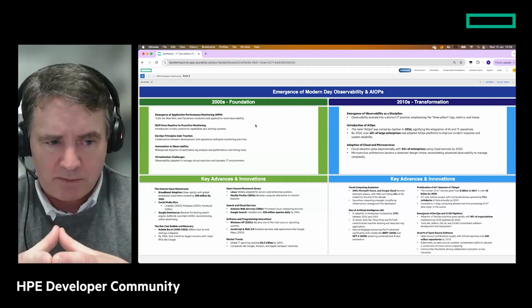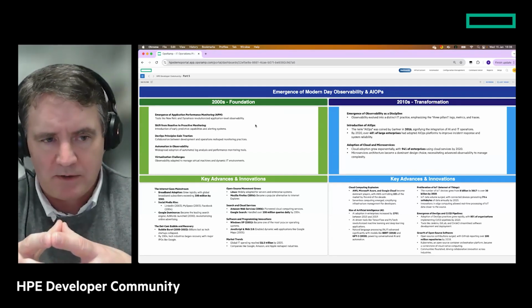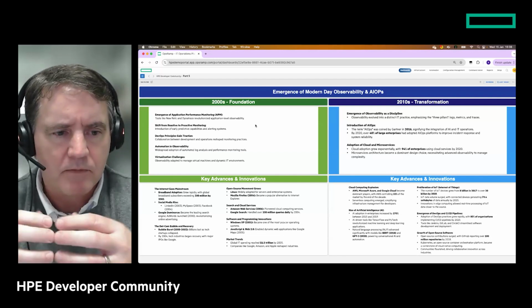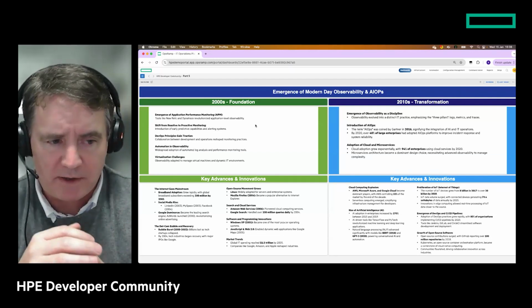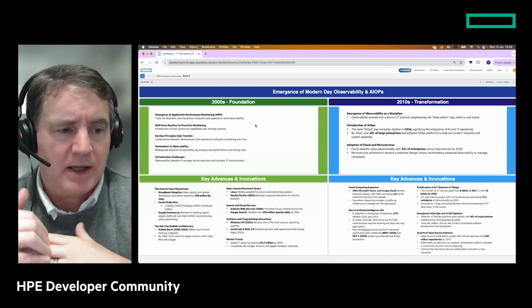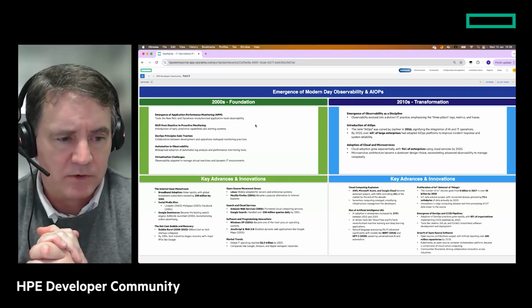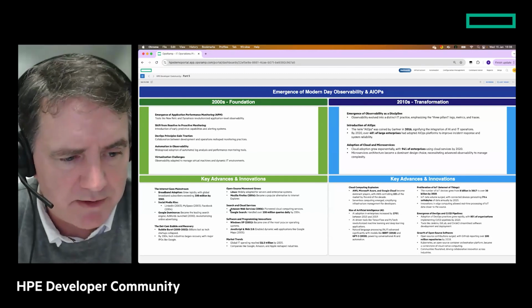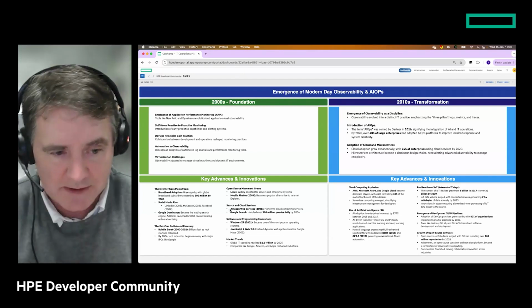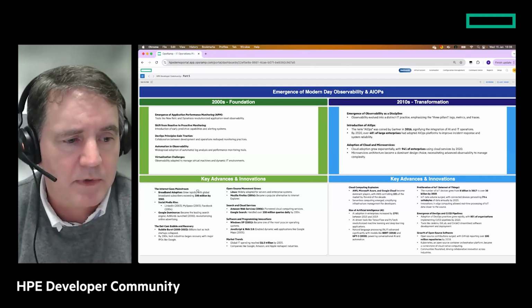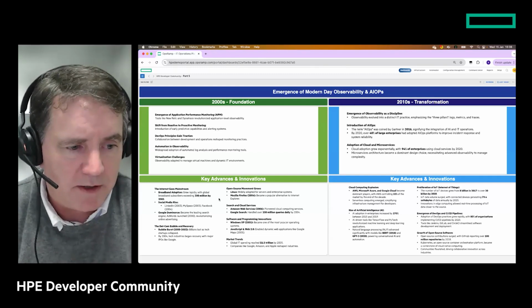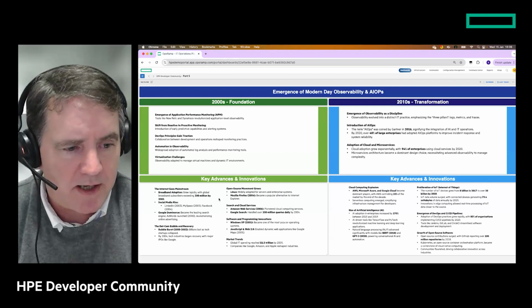We're starting to see more automation happening in the industry. More and more tools are being introduced to the market, and of course, virtualization was introduced. So again, some of the key advances and innovations that were going on at the time: broadband really became mainstream.